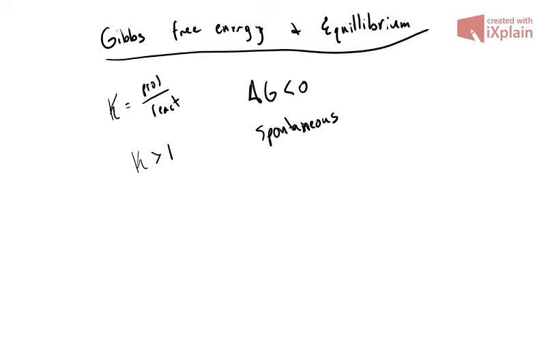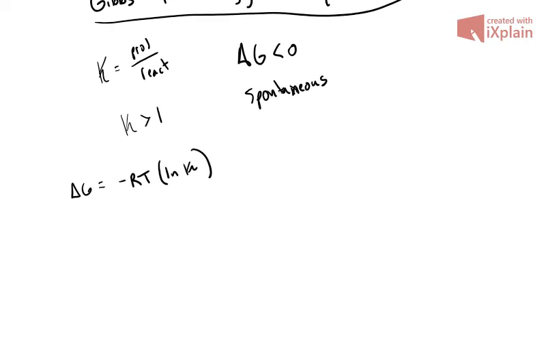Now, there is a calculation that we can use to find equilibrium constants for reactions and delta G's and vice versa. Okay? And that is delta G is equal to negative RT times the natural log of K. All right. Now, that delta G you already know is the Gibbs free energy.